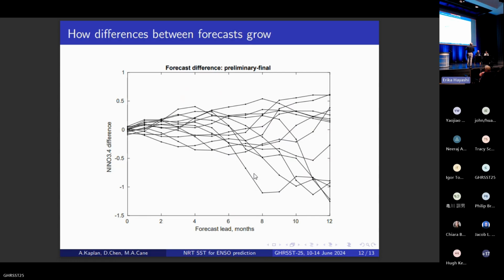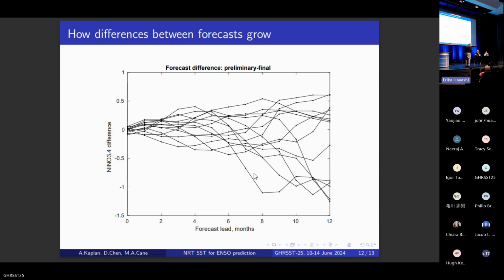And as you can see, just like it was always taught to us in chaos theory, you start from almost no differences, and then they grow over the year, and then spread. So it is possible that starting from two very close fields, you end up with NINO 3.4 in a year of -1, and from the same vicinity, you end up at 0.5 in this particular example, which is pretty small.